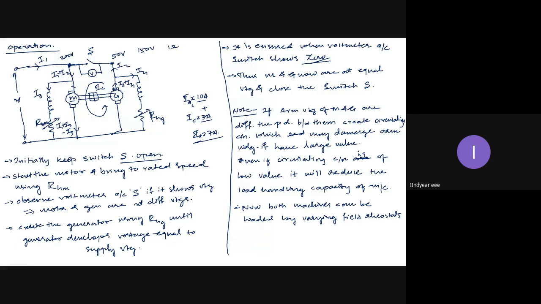The load on the motor is the generator. Generator is the load on the motor. When I say the motor is loaded, it is when I make the generator develop more power. When the generator starts developing more power, it starts demanding more power from the motor.